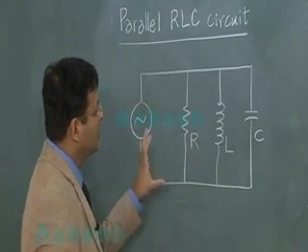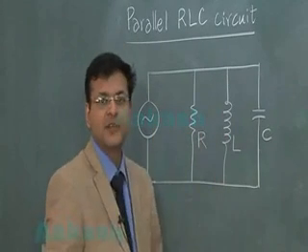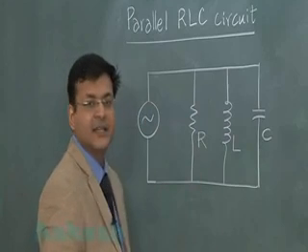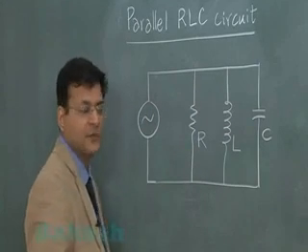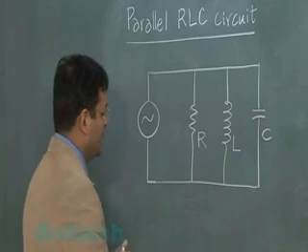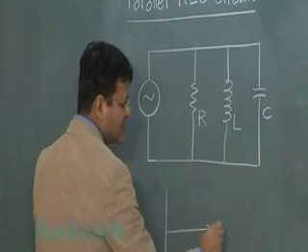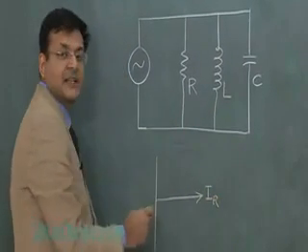Now in a typical parallel circuit, remember that the EMF supplied to all of them is the same, and the currents in them will have some phase involved. If the EMF is the same, and let us suppose the current through the resistor has a direction like this, then the current in the inductor will be lagging.